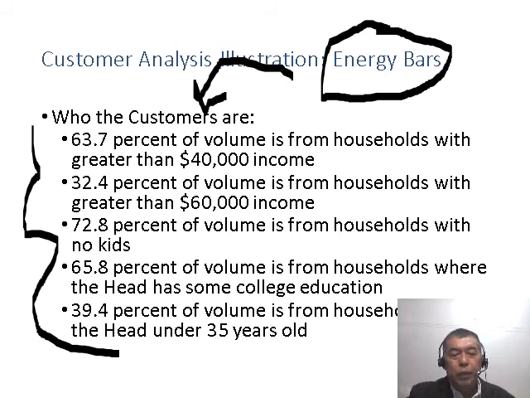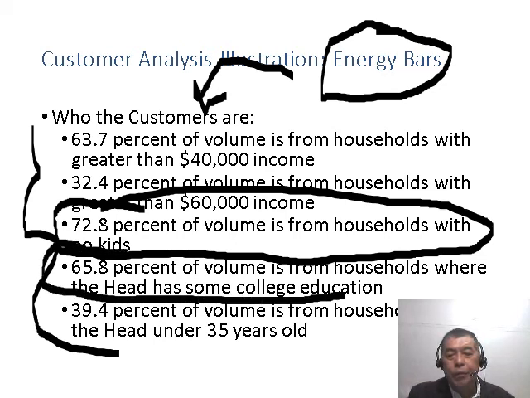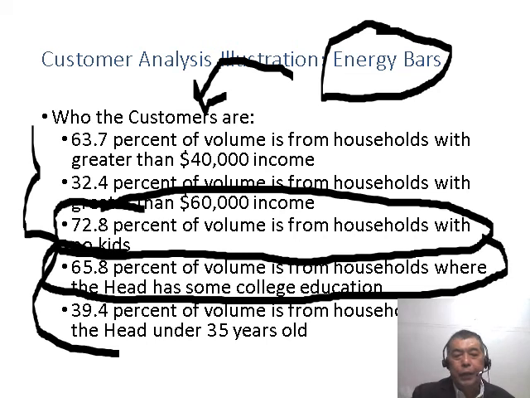What is salient about the data is that 72% of the volume is from households with no kids, followed by 65.8% of the volume from households where the head has some college education.